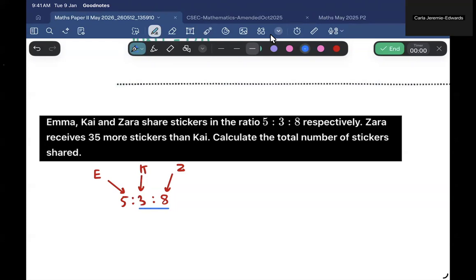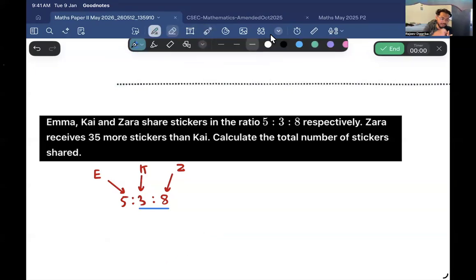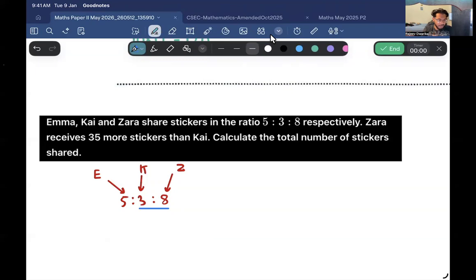What I did was put K minus Z equals 35. You have to be careful about that. Is it K minus Z or should it be Z minus K? You still get it correct to an extent, but you might lose a mark for working.